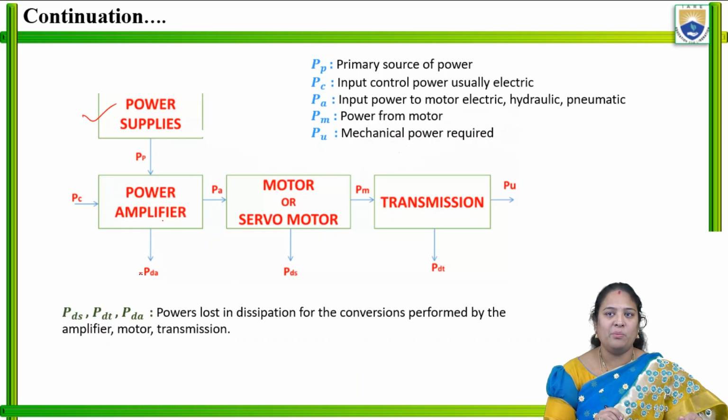In the amplifier, both these power sources get combined and produce the input power to the motor, whether it is a motor or a servo motor. Depending upon the type of the actuator, the input power is sent to the motor, or the hydraulic actuator or a pneumatic actuator.